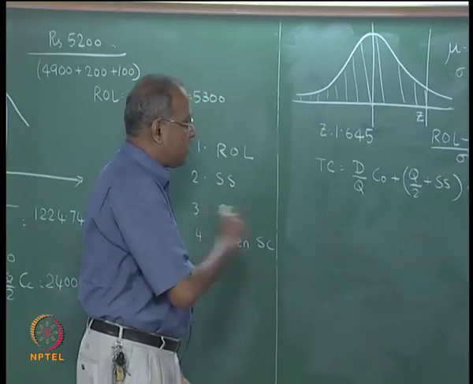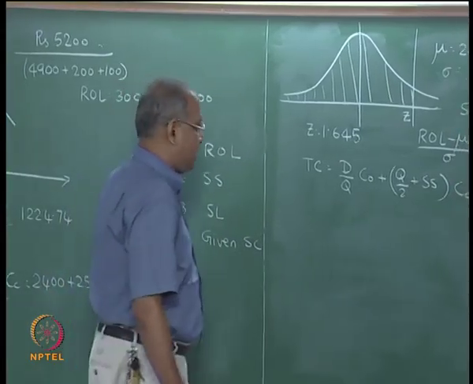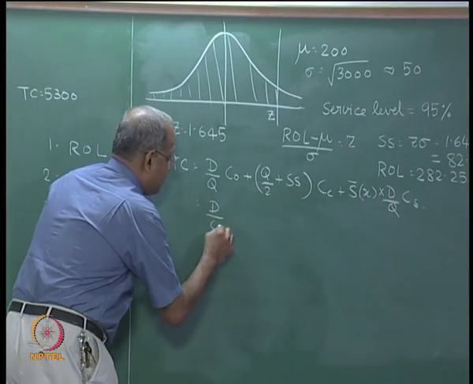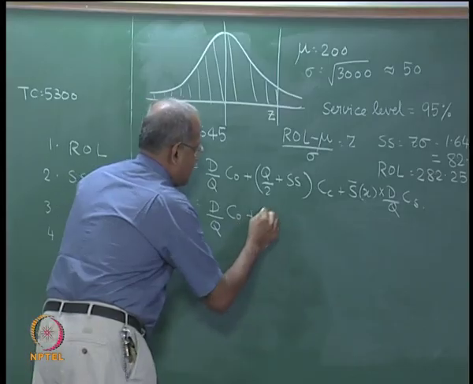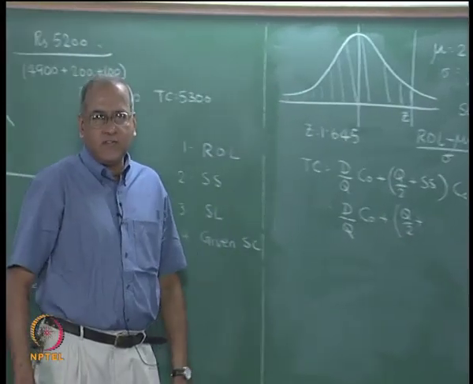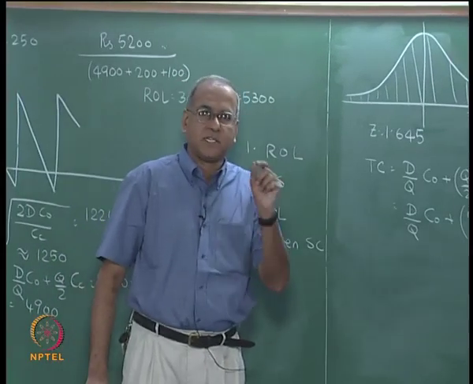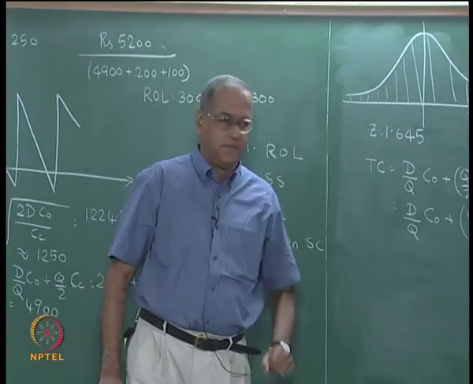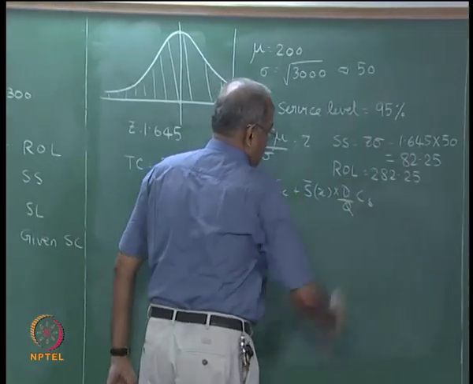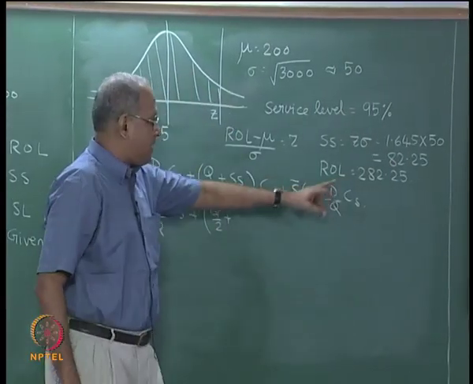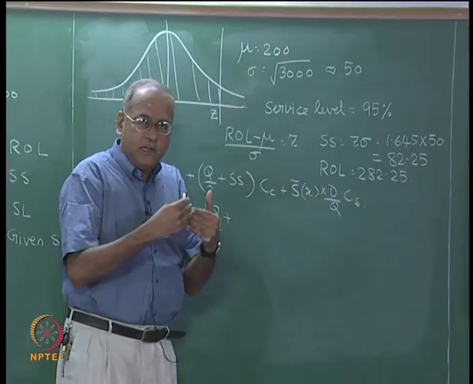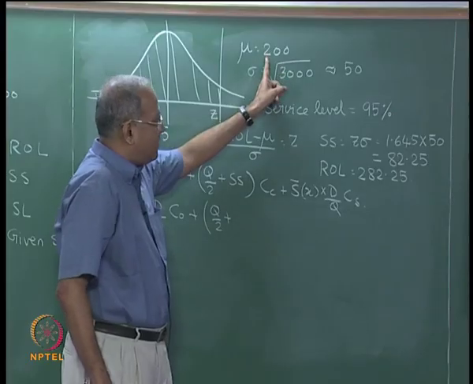Now, if we try to do that, we actually observe that this can be rewritten as d by q into C naught plus q by 2 into... now safety stock is R minus expected value of lead time demand. For example, if the safety stock is 82.25, then reorder level became 282.25, because the expected value of lead time demand, which is mu, is 200.